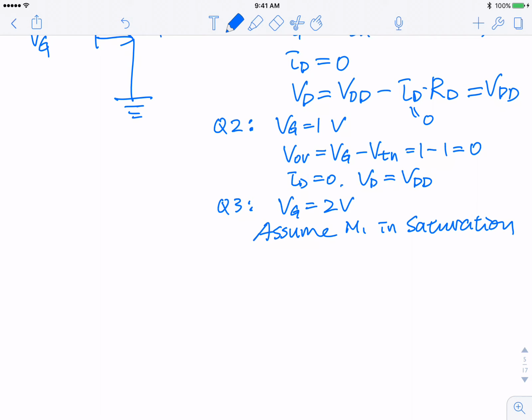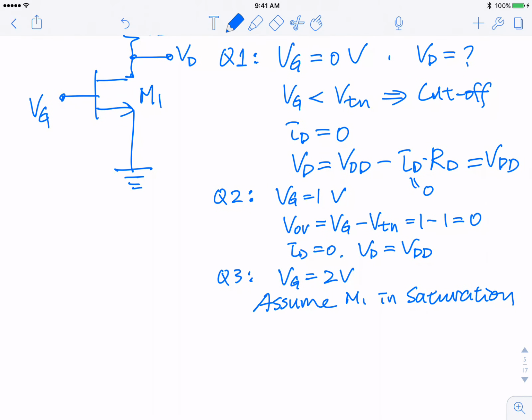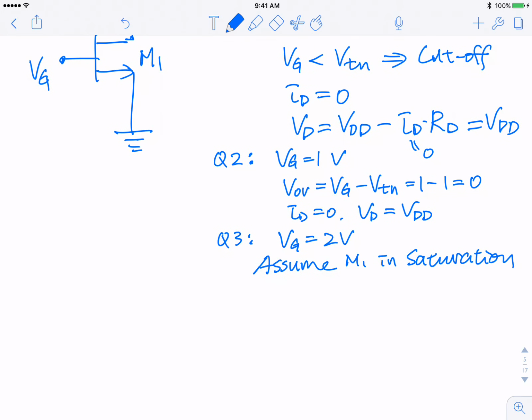Usually, you can roughly guess whether the transistor is in saturation or not. If you are just a little bit above threshold, it's probably in saturation mode. The algebra for saturation is a little bit simpler, so you always start with saturation. It's up to you, but if you start with this assumption, it's easier to solve the current. And if your assumption is not correct, you can always go back and do the other algebra.